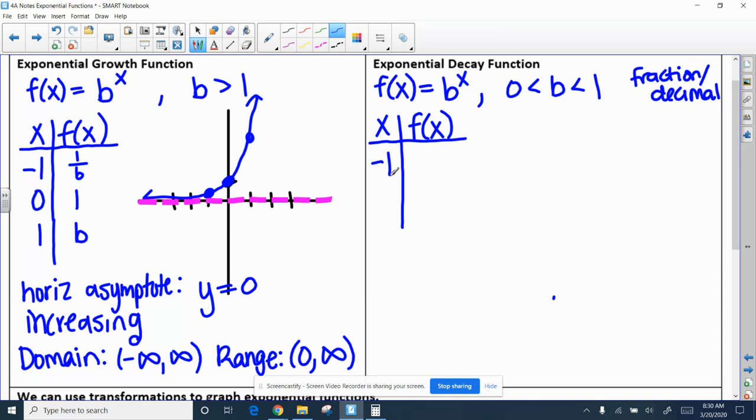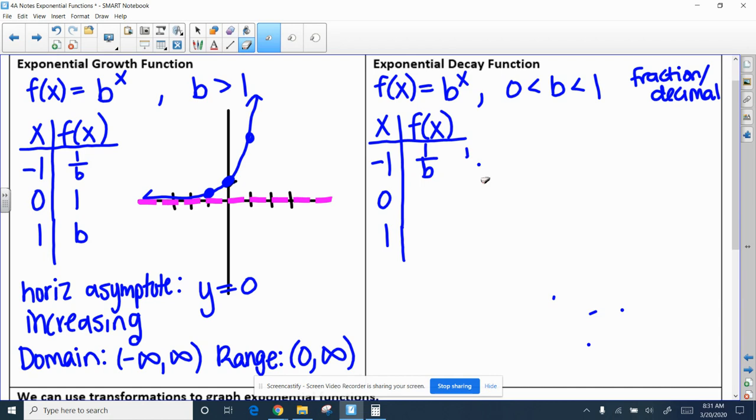If I include x values of -1, 0, and 1, if we plug in a -1, b to the -1 power is going to still be 1 over b, but this time b is going to be a fraction. So this is actually going to end up being the reciprocal of b.